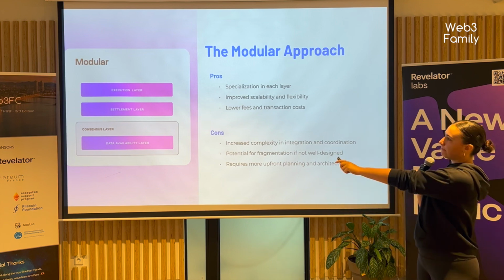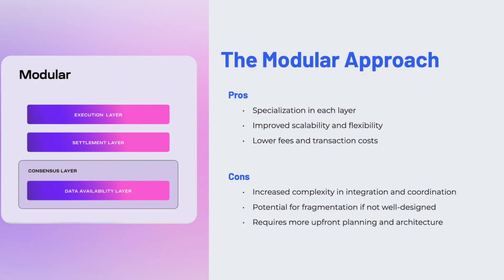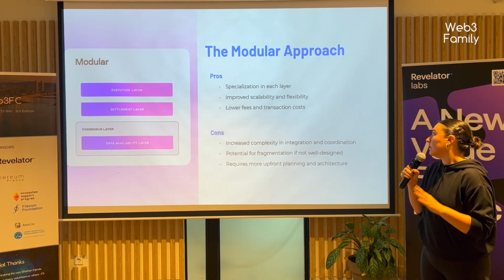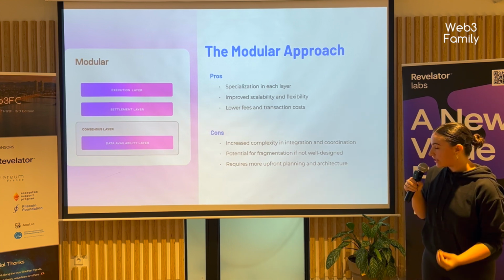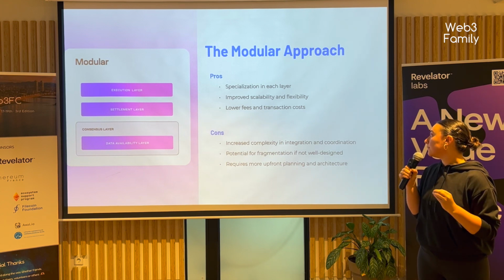Modular approach. As I mentioned, the consensus layer now sits around the data availability layer. For example, Celestia is handling the consensus for us. So with the modular approach, there's specialization in each area. I mentioned this before, this customization improves scalability and flexibility.